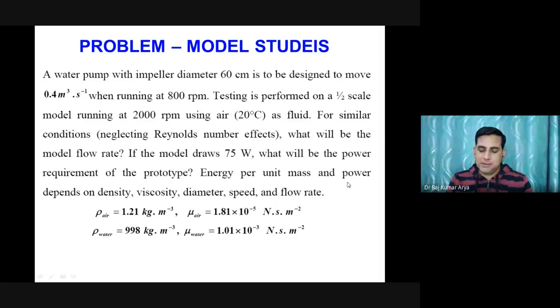Is it done? Listing of parameters, just list them. All parameters you have in this particular question.